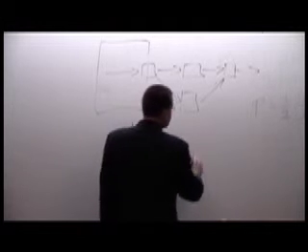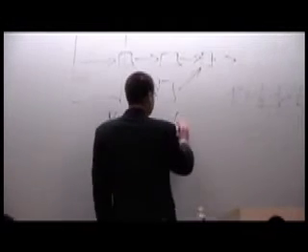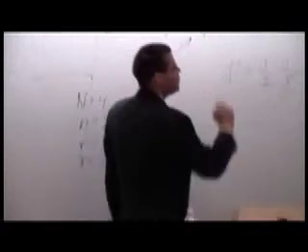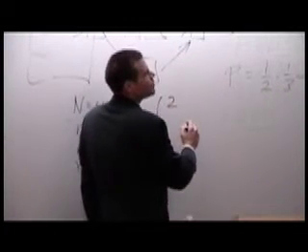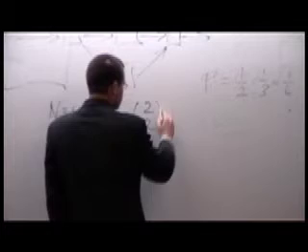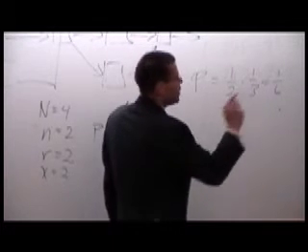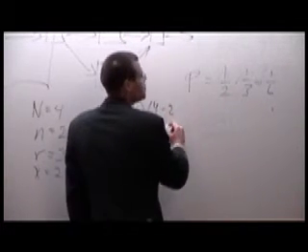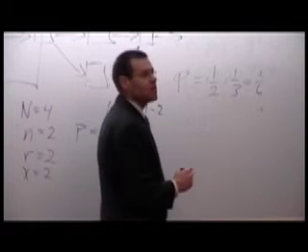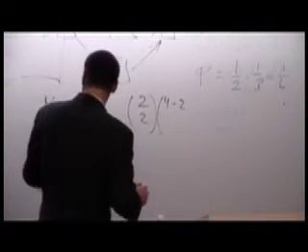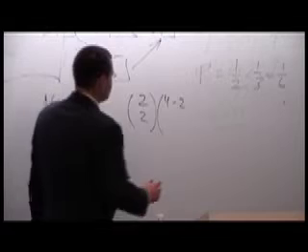So the probability calculated using the hypergeometric is r choose x, which is 2 choose 2, times big N minus r, so that's 4 minus 2, choose little n minus x. Well, little n is 2, x is 2, so choose 0.